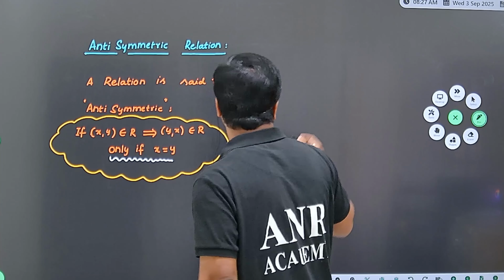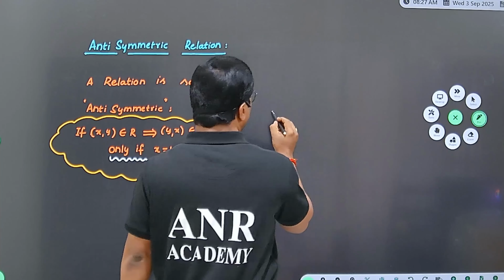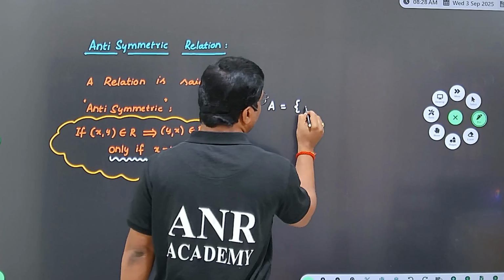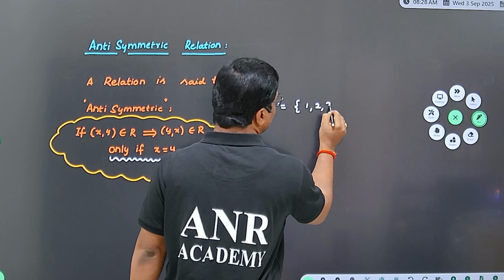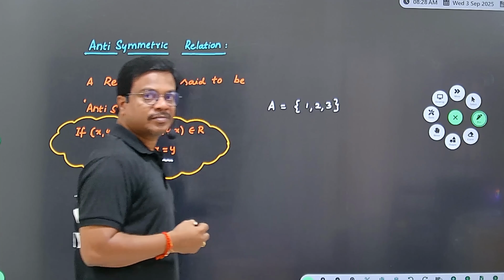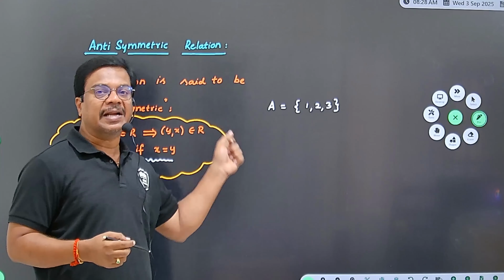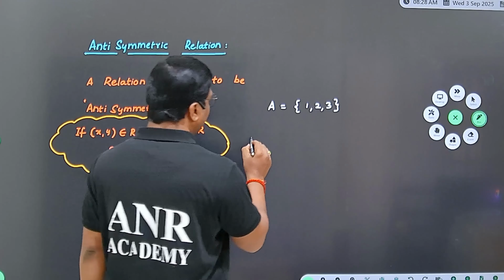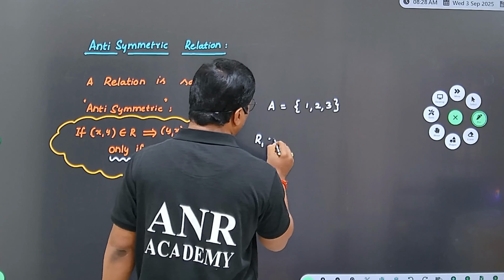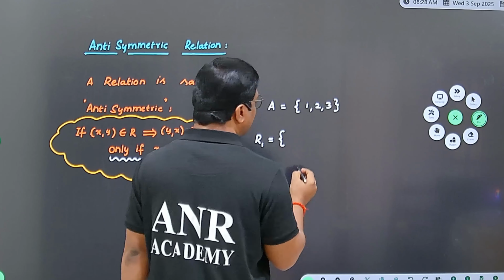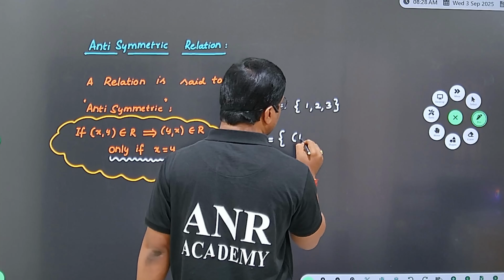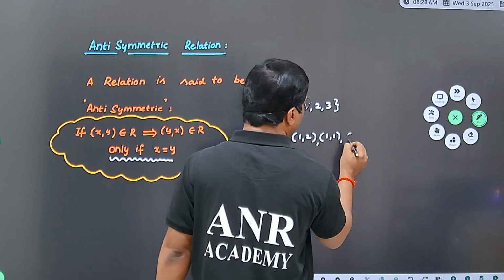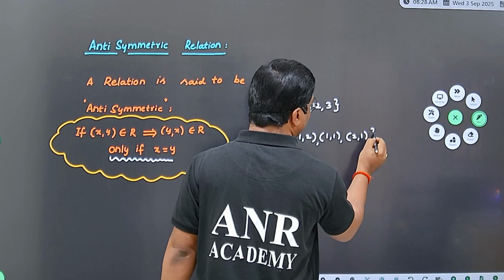For example, suppose A is a set having entries 1, 2, 3. Let us discuss different relations based on the set A. Suppose R1 is a relation with entries (1, 2), (1, 1) and (2, 1).